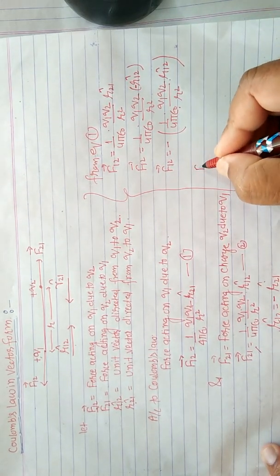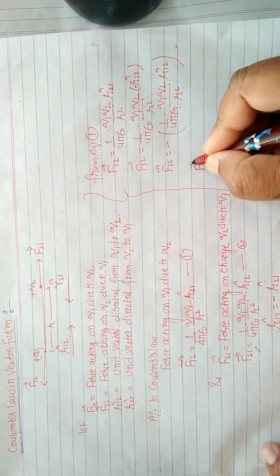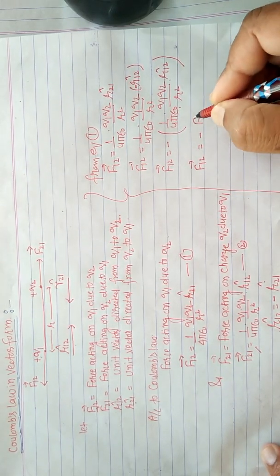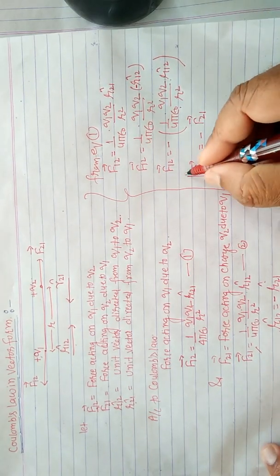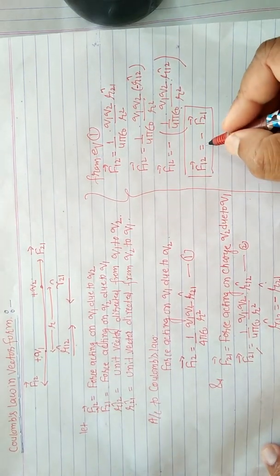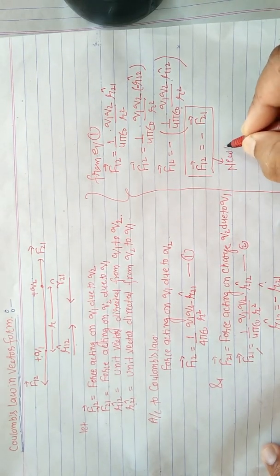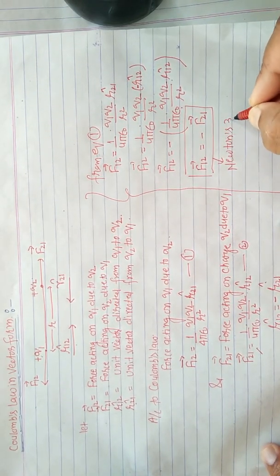So this can be written as F12 vector is equal to minus F21 vector, and this mathematical expression is nothing but Newton's third law.